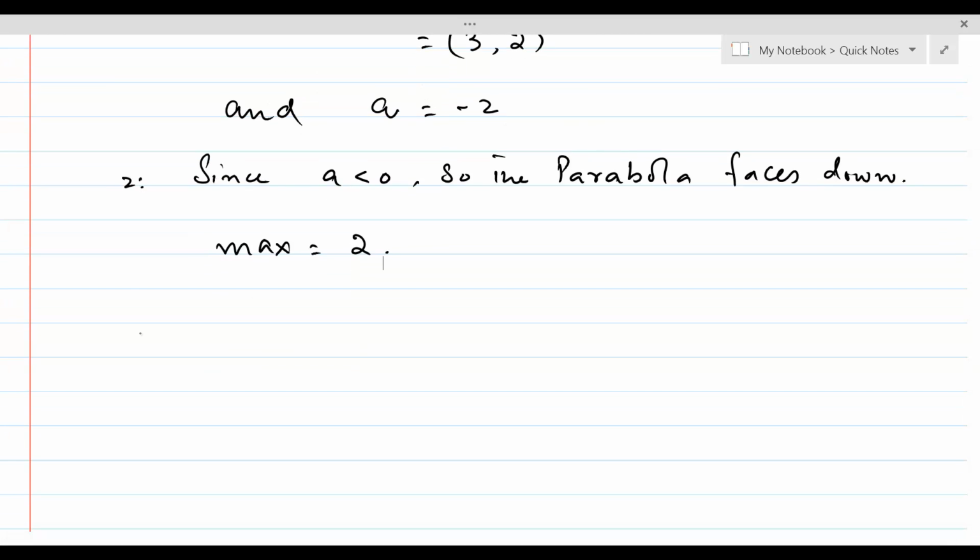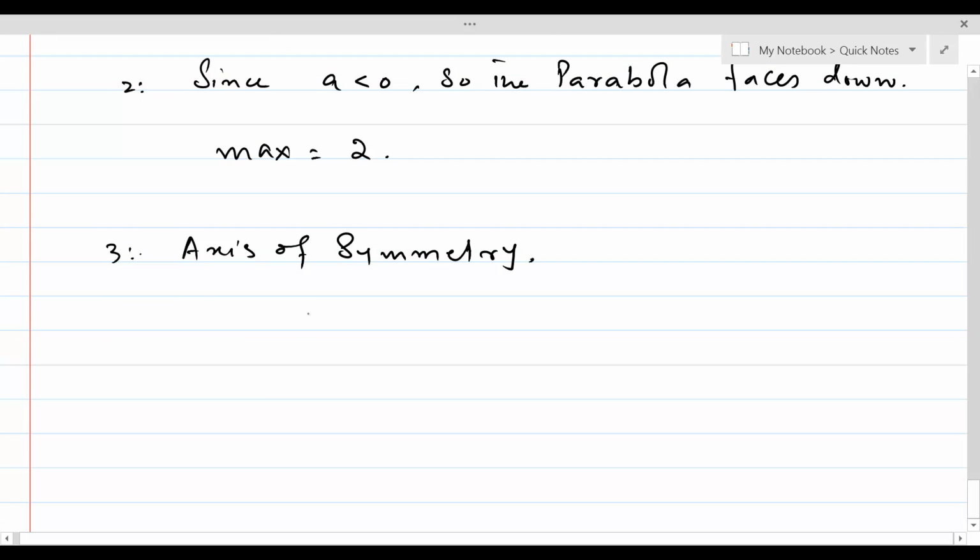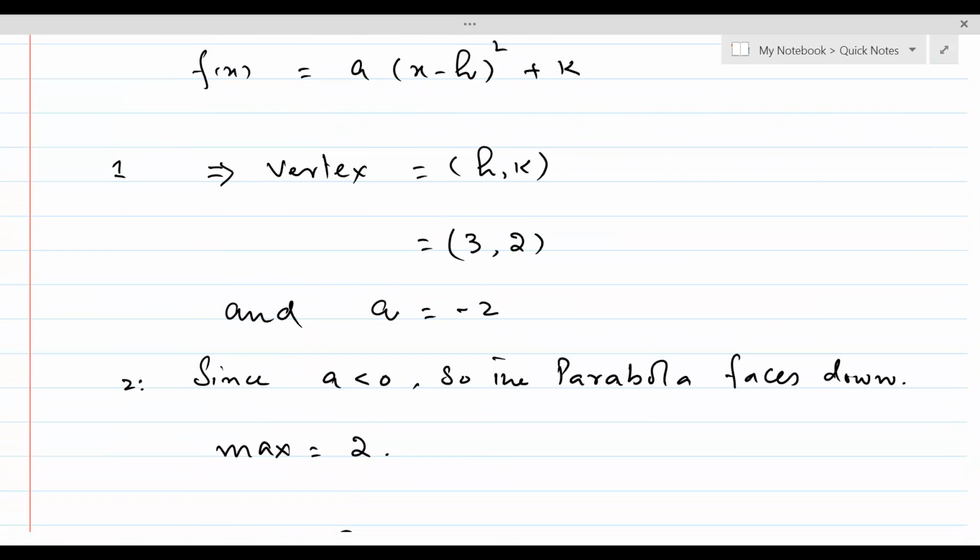And now for 3, let's find the axis of symmetry. For the axis of symmetry, we put the square term equal to 0.